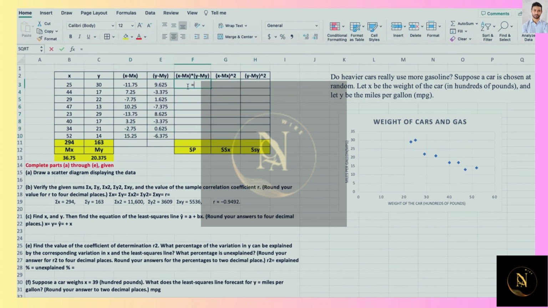And then I am going to multiply this value times this value, and then this times this, and then so on and so forth. And then I'm going to total up all of those values. And the sum of my products is going to be this.